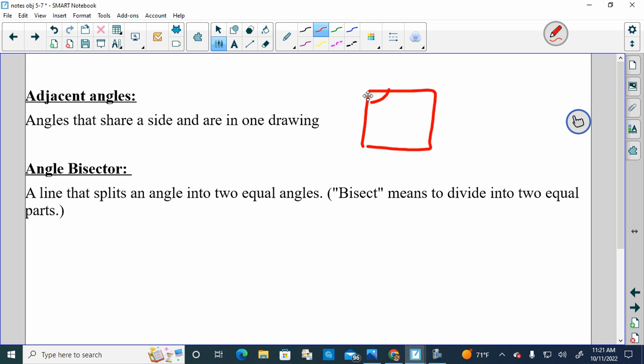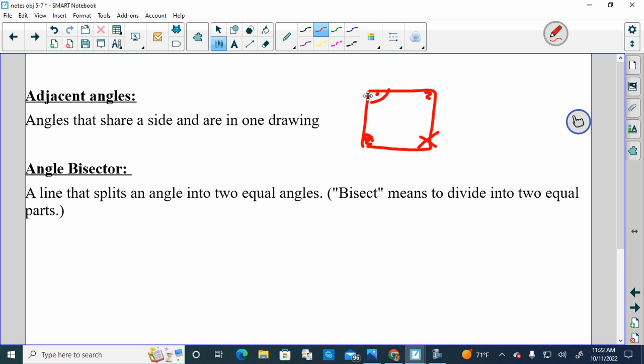Adjacent means next to. So it either has to be this one, or this one over here. So if this was my first angle, this would have to be matching up with it. So either it's this one or this one. They're next to each other. It's not this one, right? So it's either connected to it, sharing a side, basically is what it would be.